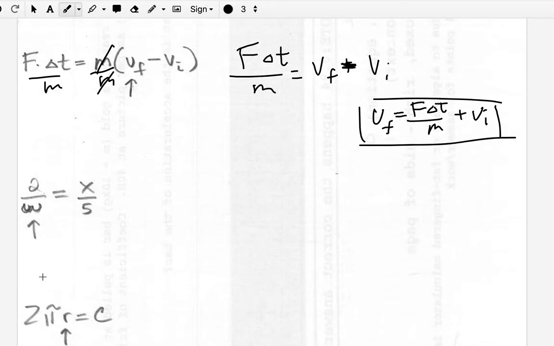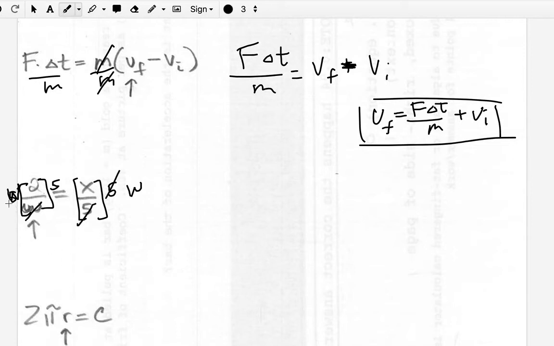2 divided by W equals x over 5. Well, some of you do cross multiply and divide, and that's fine. Multiplying both sides by the number 5, and multiplying both sides by W. The 5's cancel.